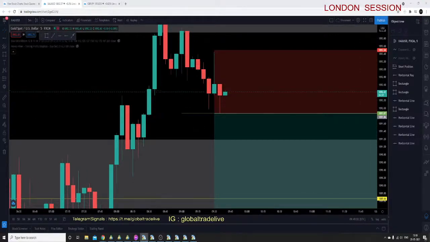Okay, 5 minute candle just closed bearish. So let's see how this 5 minute candle starts to print here. If this 5 minute candle breaks the high of the previous 5 minute candle, we'll be closing half.